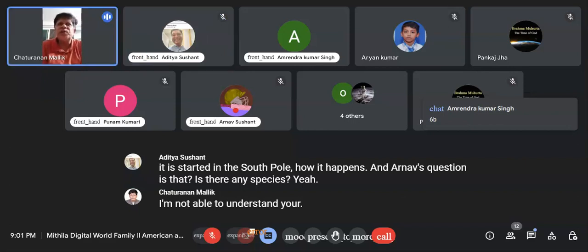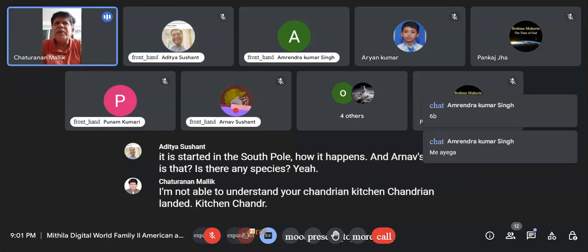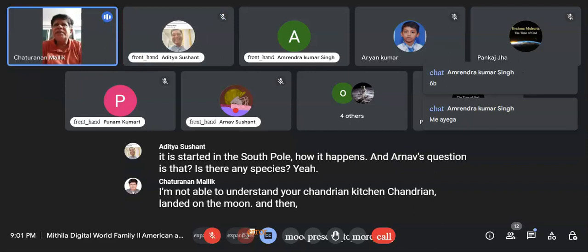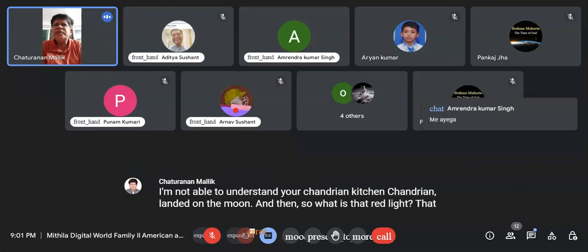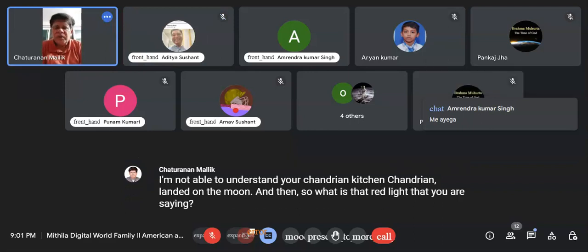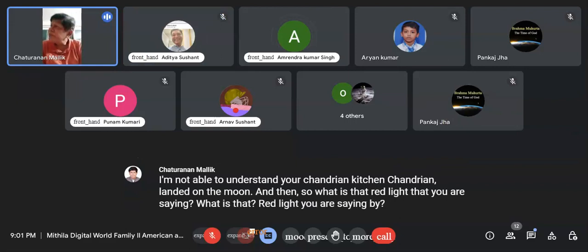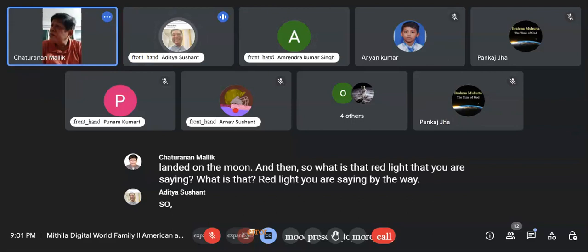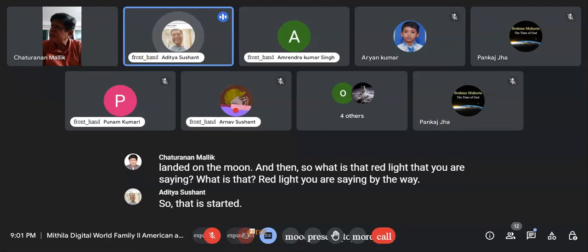Chandrayaan landed on the moon, so what is that red light you are saying? Sir, the red light started when the species touched that rover, the Pragyan rover.